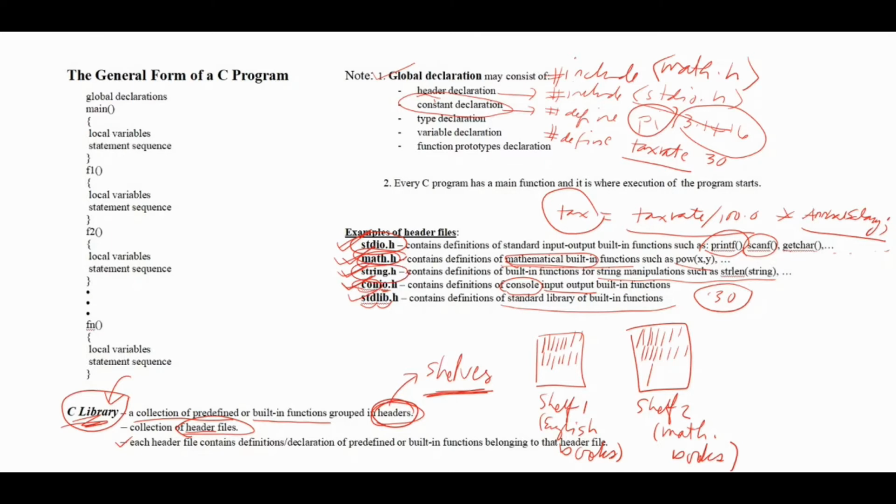They are found in string.h. The printf is not found in math.h because printf is not a mathematical function. That is a standard input-output function. Okay, so headers are like shelves used to organize or group together into one header file all the related functions.